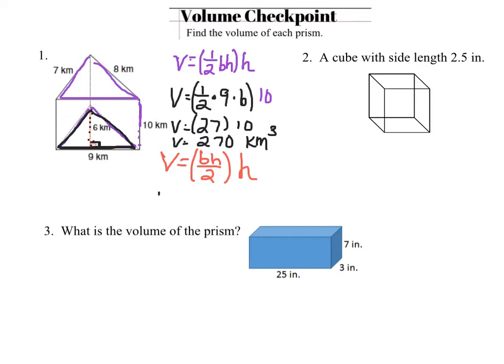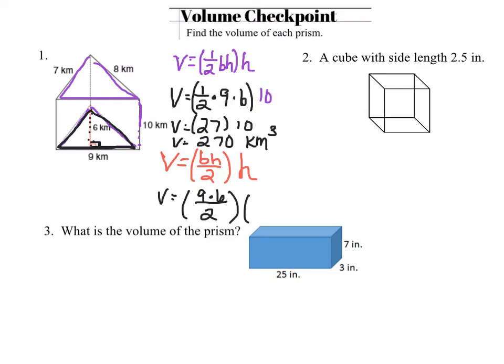To show you how the second formula works, if you would rather use that one, again, I'm going to use the base and the height of the triangle. So the base is 9 times the height, which is 6. We're going to divide that by 2.